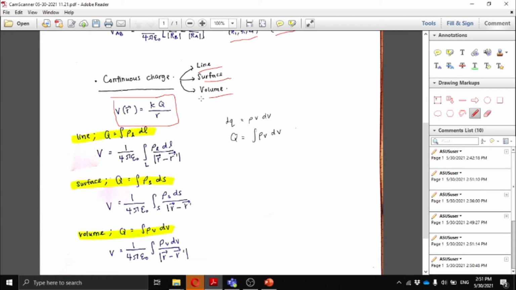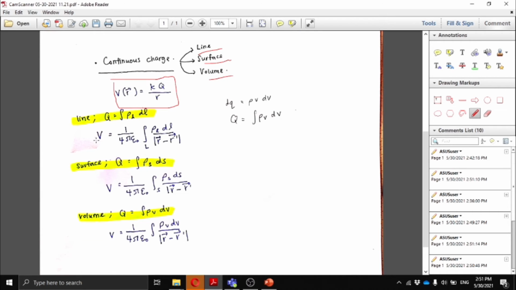This is for the volume case. It's also the same for surface and for the line case. So we need to substitute this Q into the basic formula.